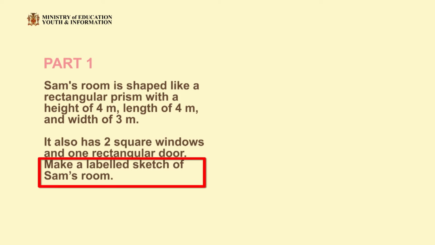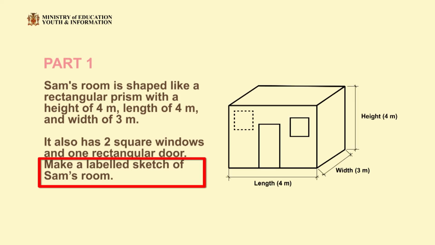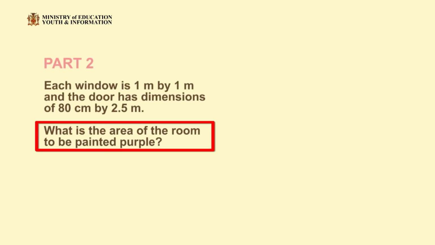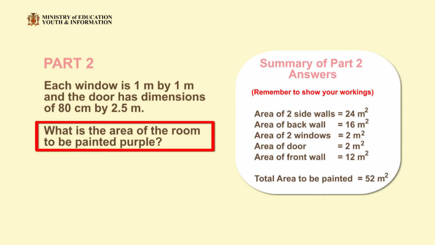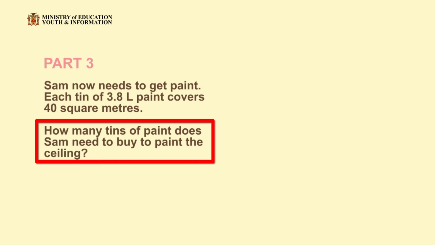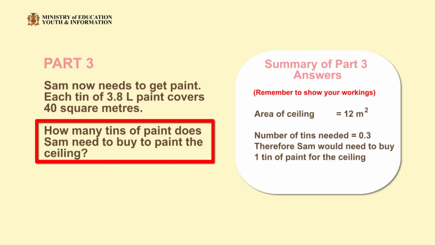Let us check to see if we have done all that Sam had asked. Have we created a sketch of the room? Have we determined the area of the wall to be painted? Have we calculated the amount of paint needed to paint the ceiling? Okay, great! So we have completed our task.